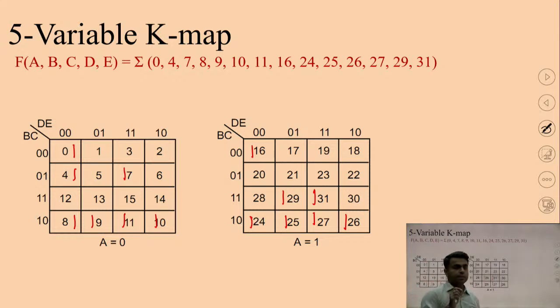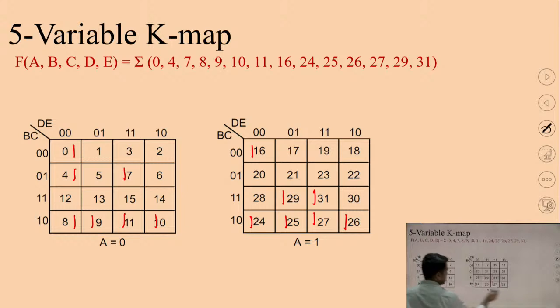Now understand this carefully, because the answer writing pattern and identification of groups is very important in this 5 variable K-map, because if that is incorrect, then it will lead to an incorrect answer. So first of all, look for those groups which are identical in both the K-maps.